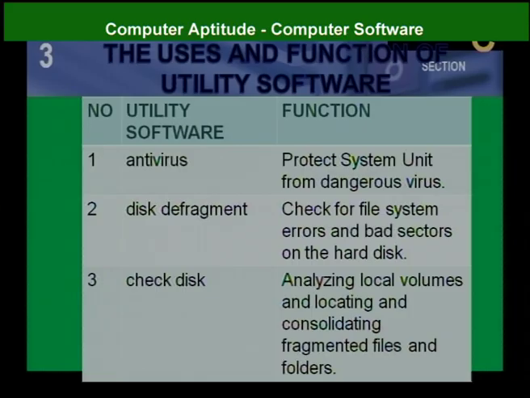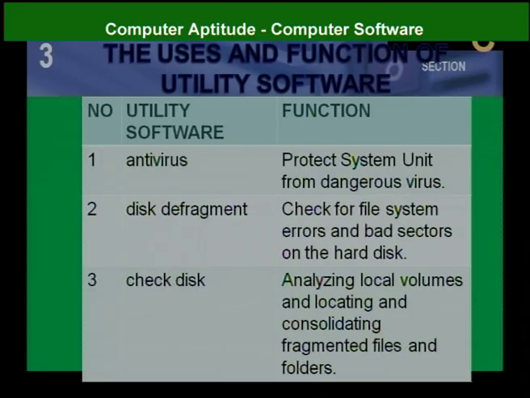Antivirus is one software. Disk defragment is one software. Check disk is one software. So these are a few utility software. Antivirus protects the system unit from dangerous viruses. Disk defragment checks for files, errors, and bad sectors on a hard disk, so it will do some defragmentation.